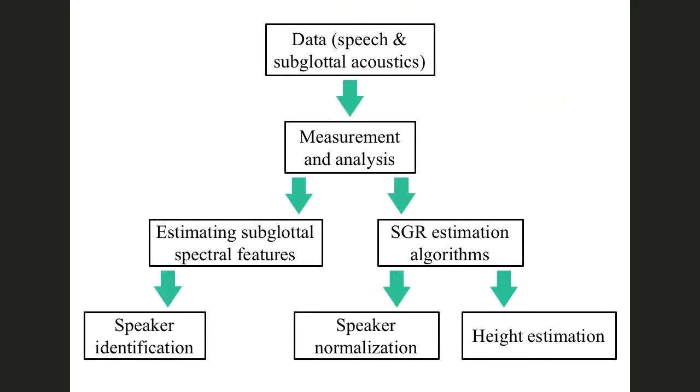Now, it's not 100% accurate, it's within 5 centimeters, but the interesting thing is that we're only using 1 or 2 features, which are subglottal. Other people who have done height estimation based on machine learning have 50 to 60 features in there.